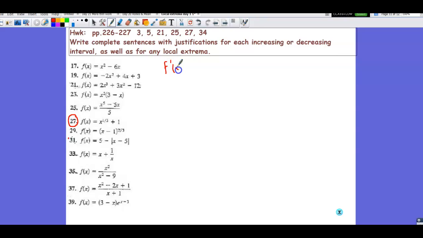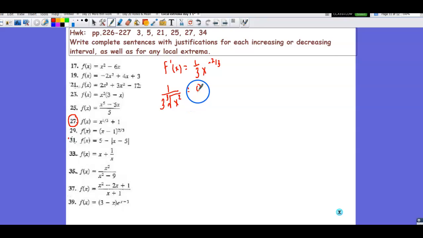So f prime of x by the power rule is 1/3 x to the negative 2/3, and the derivative of 1 is 0. I'm going to set the first derivative equal to 0, and I'm going to make that 1/3 times the cube root of x squared set equal to 0.